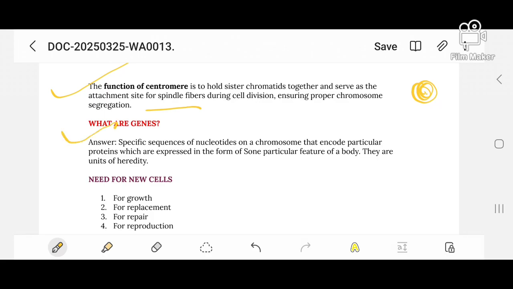Now, genes, very important. What are genes? Answer: specific sequences of nucleotides on a chromosome that encode particular proteins and are expressed in the form of some particular feature of the body. They are the units of heredity. Your parents, relatives or neighbors say that you look like a parent or your guardian.